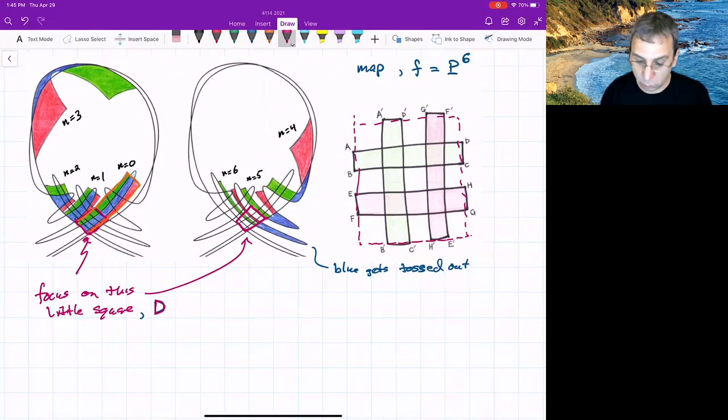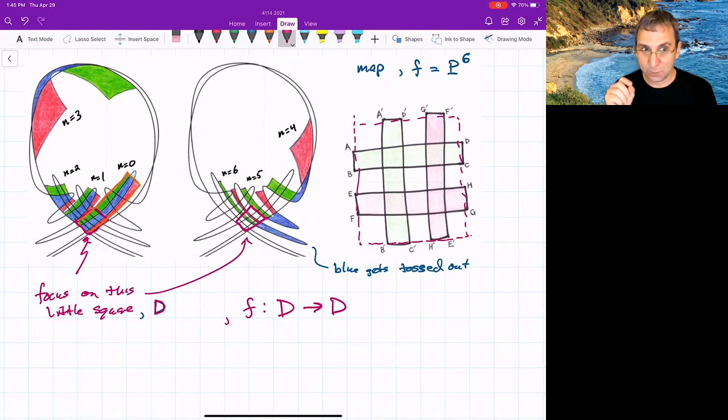But this is the horseshoe map. The map F maps things in D to itself, but they don't all stay there. There's actually a Cantor set of points that stay in this square forever under all future and past iterates of the map. That's called the invariant set.